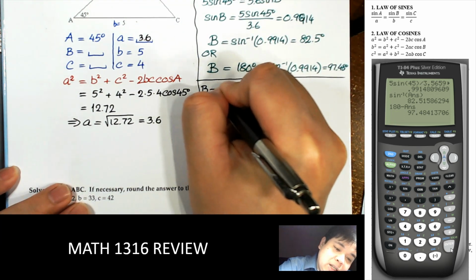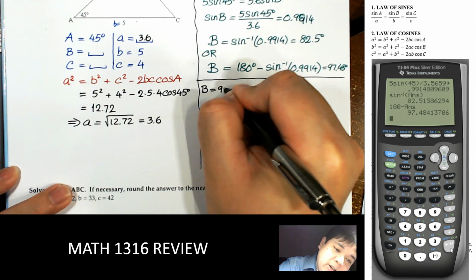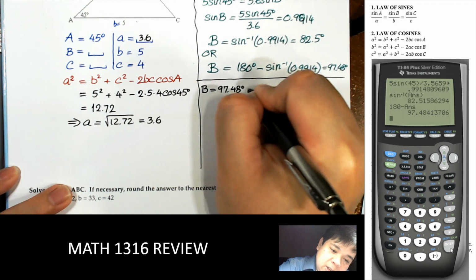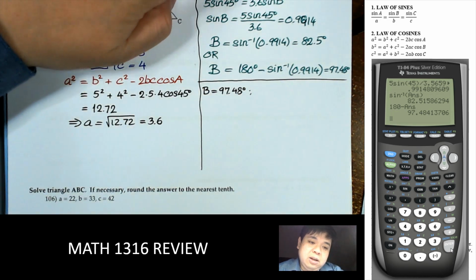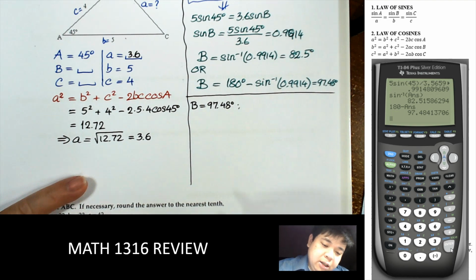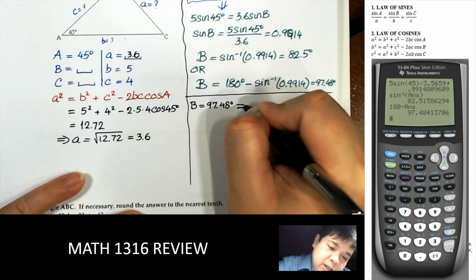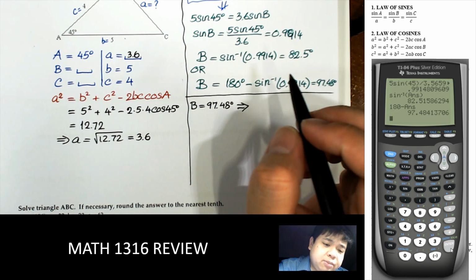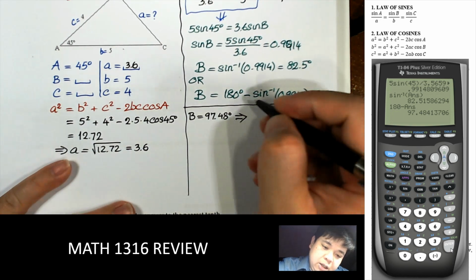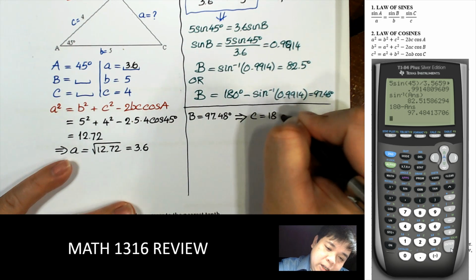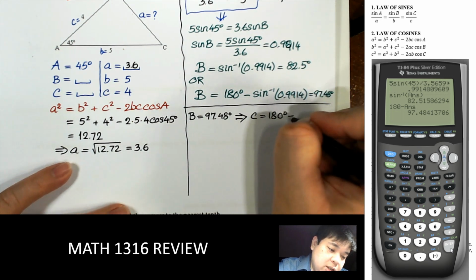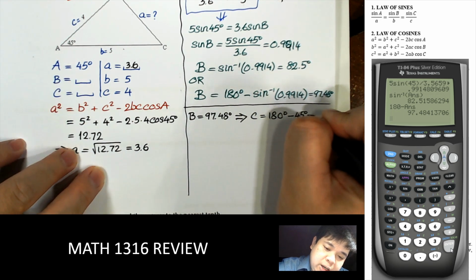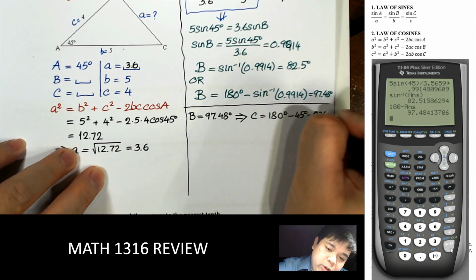We assume that B is equal to 97.48. If that is the case, we can find C by subtracting from 180 minus 45 and minus 97.48 degrees.